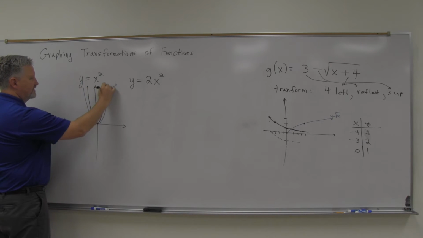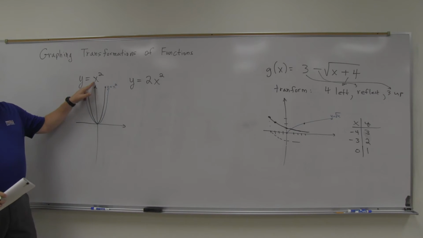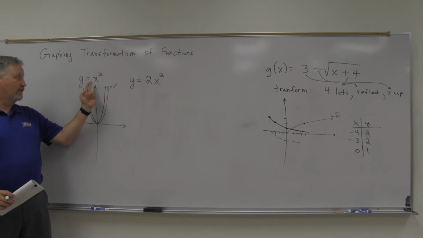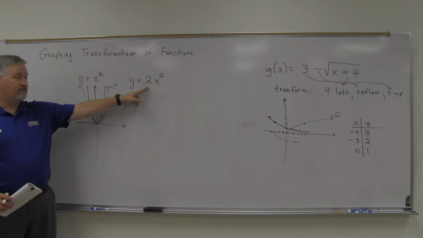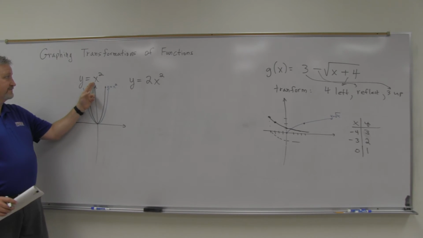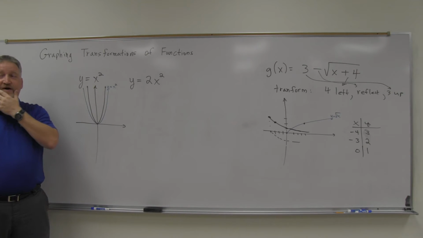Basically what it does is it multiplies whatever the y value is by 2. So if the y value here is 1, the y value over here would be 2 times 1, would be 2. The y value over here is 4, the y value over here would be 8. So it multiplies each y value by 2.